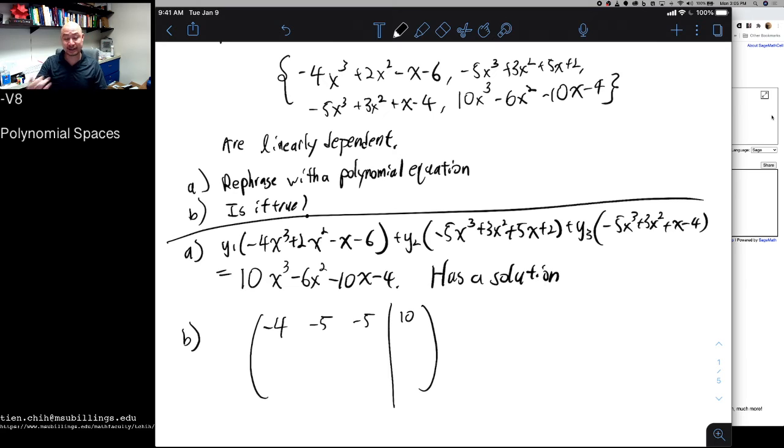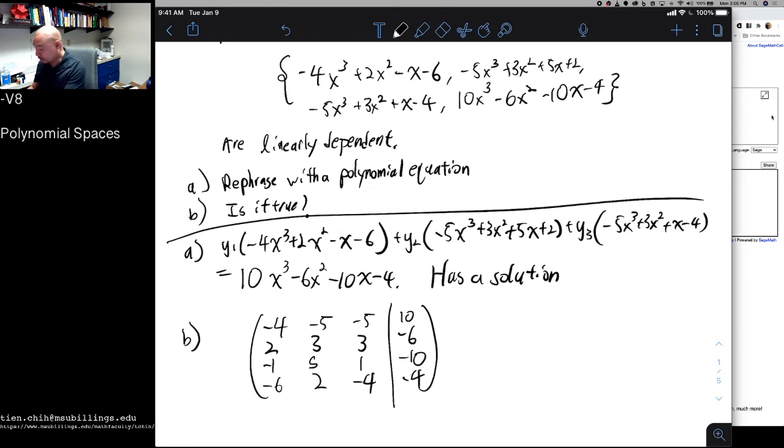And then shouldn't the x squareds play out the same way? Shouldn't 2y1x squared plus 3y2x squared plus 3y3x squared be equal to minus 6x squared on the right? And then our first powers, minus 1y1x, 5y2x, 1y3x should be minus 10x, and finally minus 6y1, 2y2, minus 4y3, all of that should be minus 4, right?